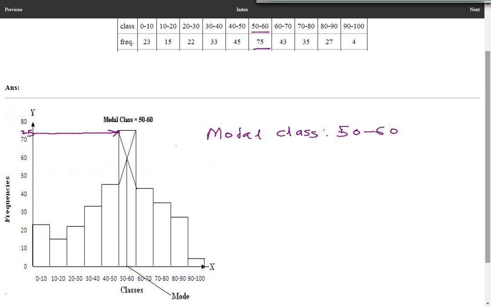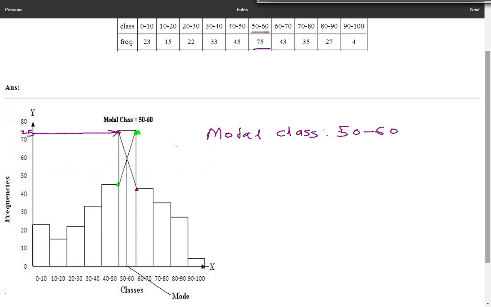Then draw a line from the top left corner of the modal class which joins the top left corner of the post-modal class. So join these 2 points and draw this line. Then another line is drawn by joining the top right corner of the pre-modal class and the top right corner of the modal class. So join these 2 points.